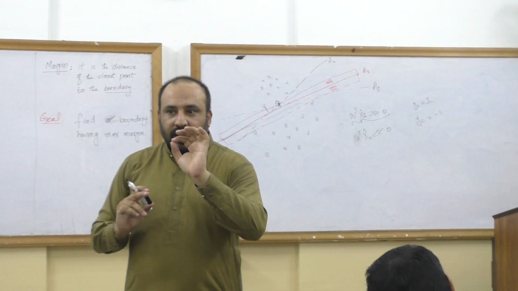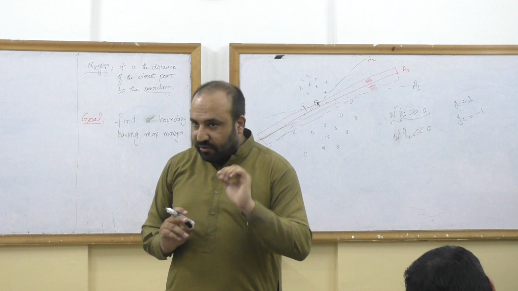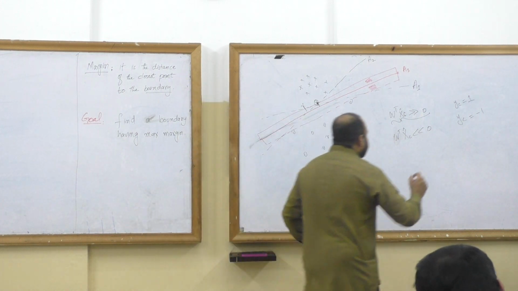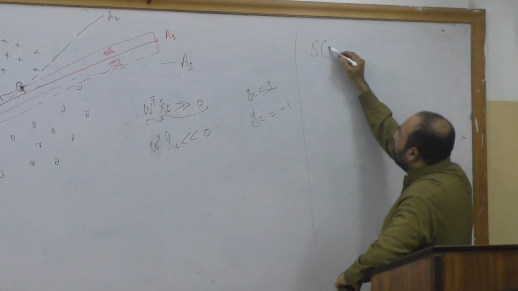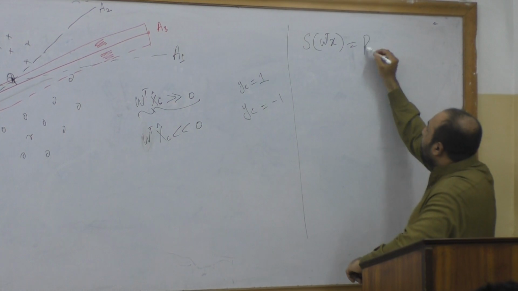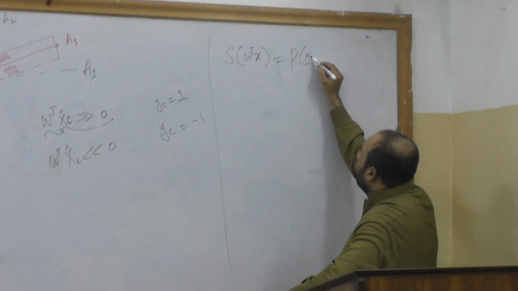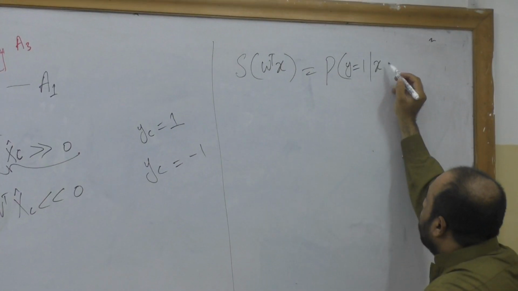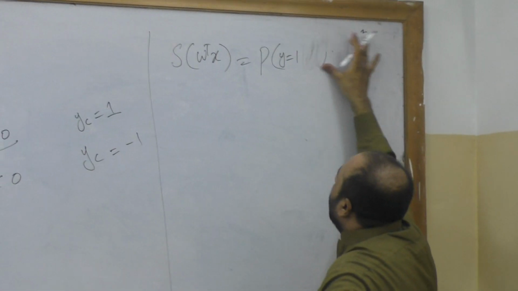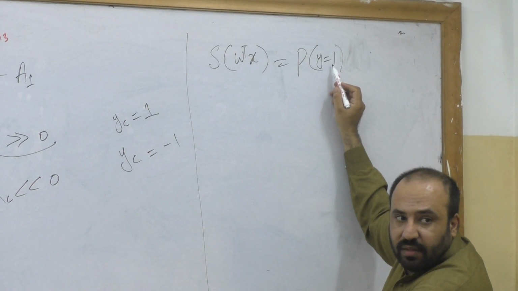Yes? Now, think in the terms of logistic regression, what we have done. In logistic regression, remember, the sigmoid of W transpose X is actually the probability of y equals to 1 given X. Or let me not write the given thing, this is the probability that y is equal to 1.